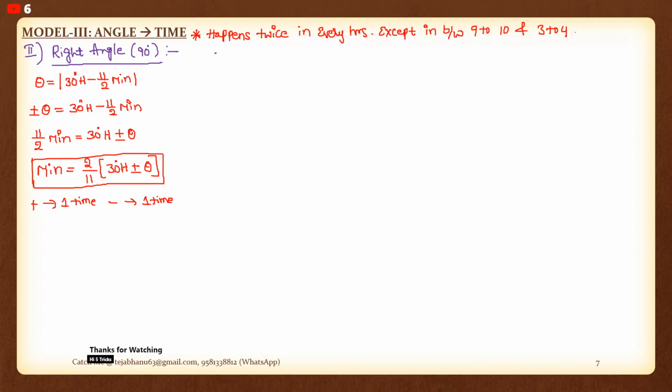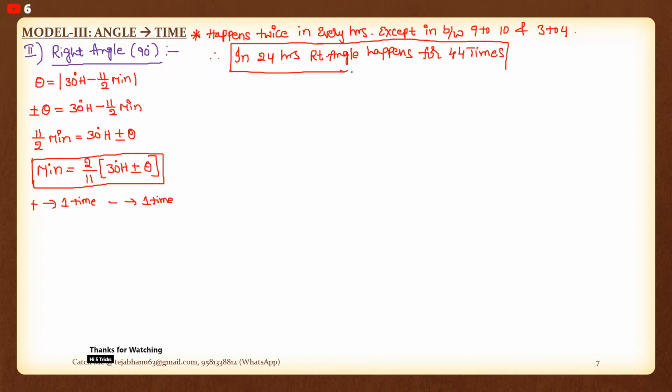Therefore, in 24 hours, a right angle happens 44 times. This is very important. A right angle happens 44 times.